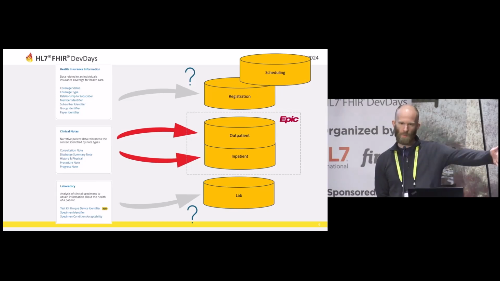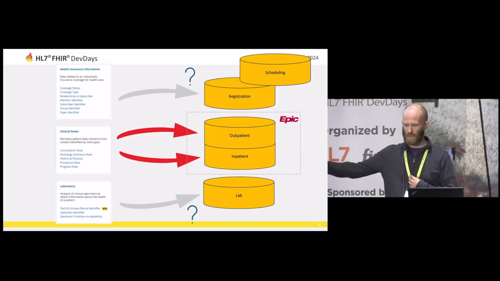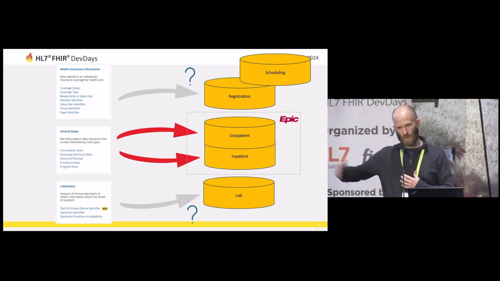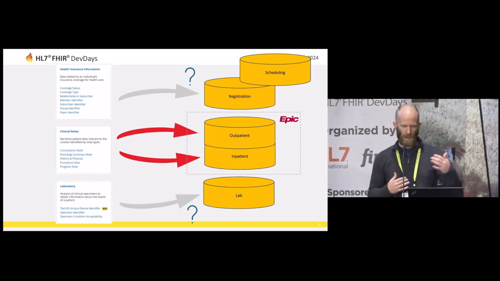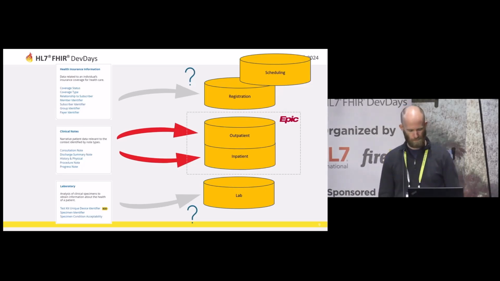We may pull in some insurance from the registration system so that when we send a lab order to some reference lab, we can include the coverage for that, but we may not have the full picture. So I wanted to describe this situation so that folks are aware of the different ways health systems can choose to deploy their health IT ecosystem and how that can impact the content that you'll get in FHIR APIs.